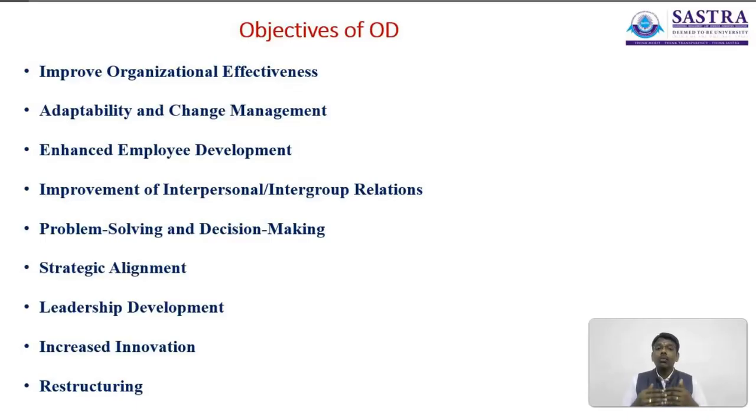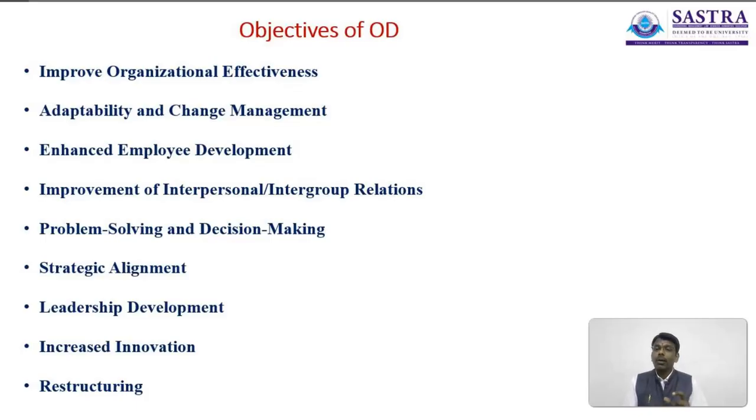By focusing on human and social aspects, OD seeks to develop a more cohesive and motivated workforce, ultimately leading to improved performance and sustained growth. So definitely this discussion will explore objectives in detail, providing you with a clear understanding of how OD contributes to organizational success and resilience. Let us discuss in detail.